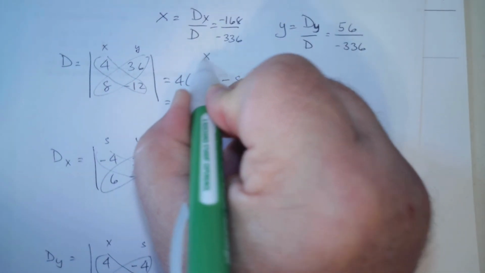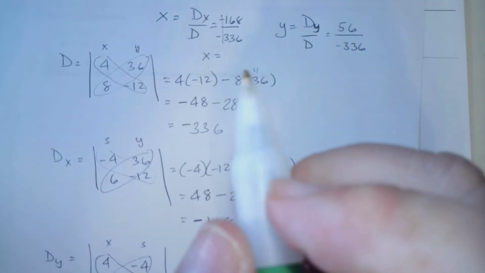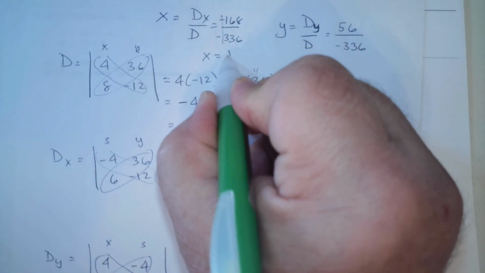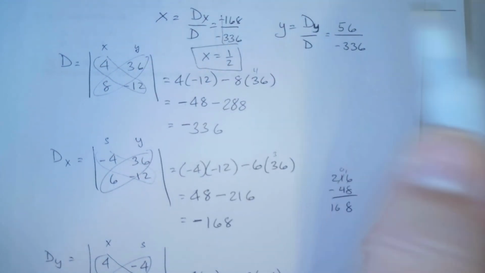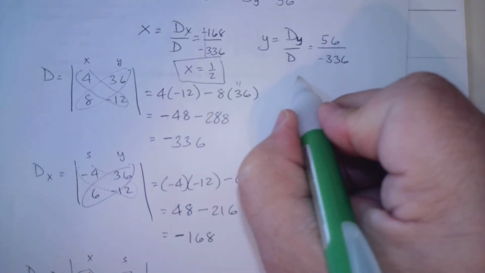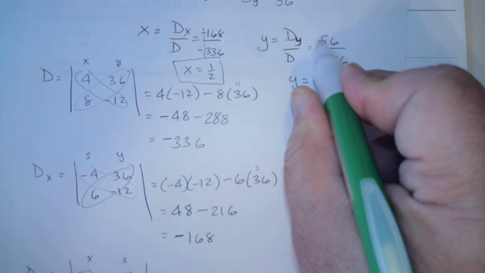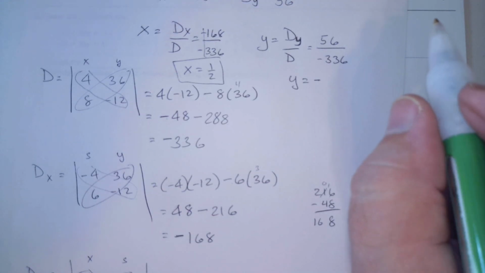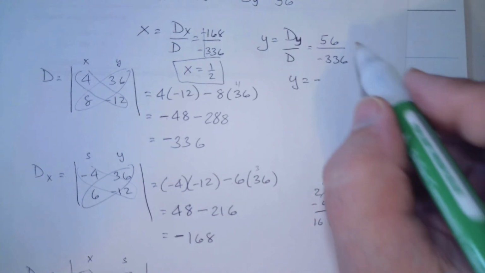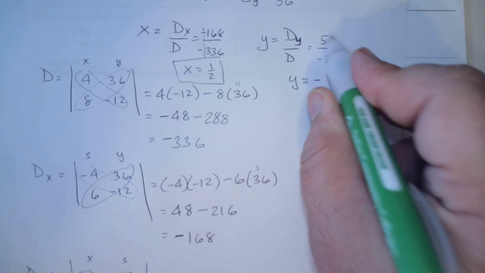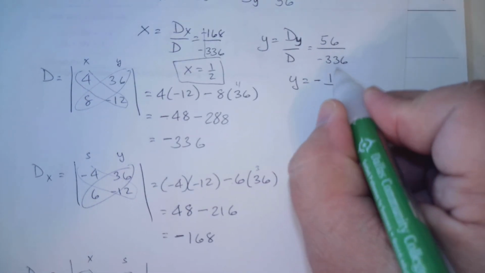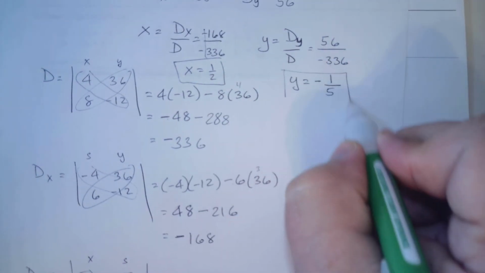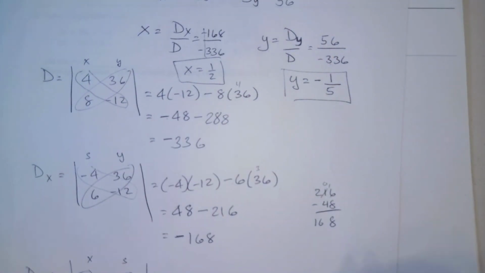So what is x? The negatives cancel, so it's going to be positive. 168 is half of 336, so it's 1 half. For y, only one negative, so the answer is negative. 56 goes into 336 6 times.